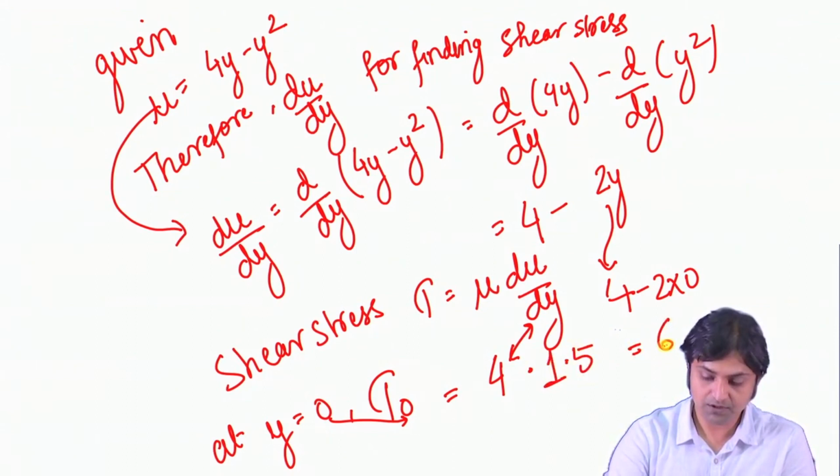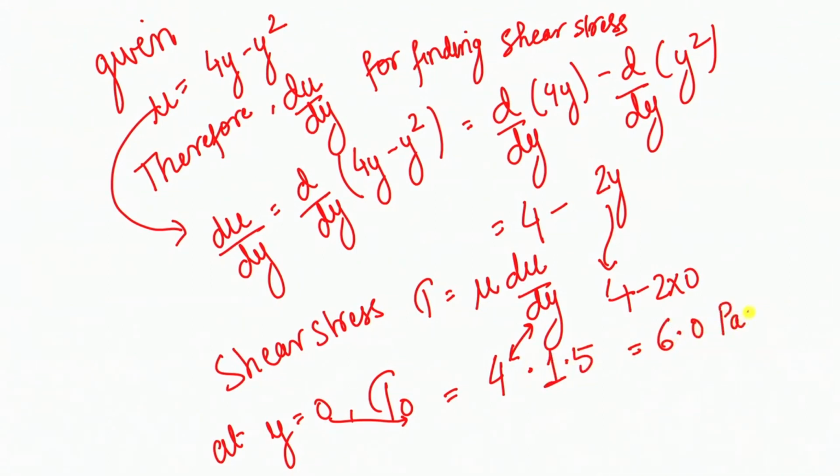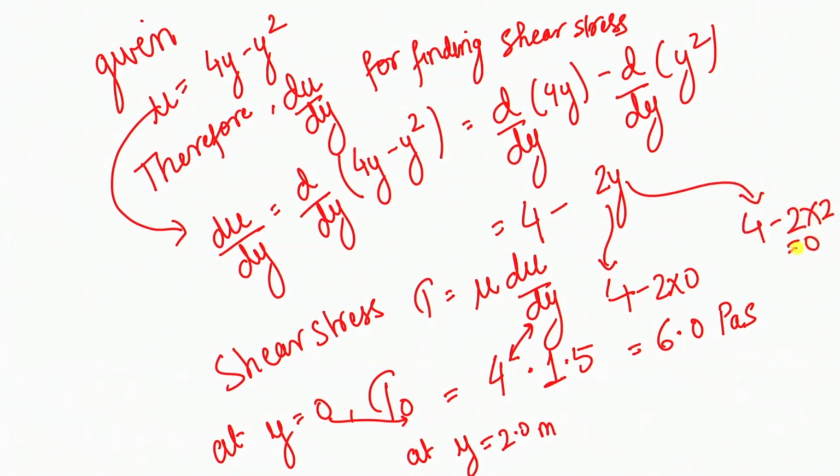So this comes out to be 6.0 Pascal. In the other case, at y is equal to 2 meters, if you do here 4 minus 2 into 2, that comes to be 0.